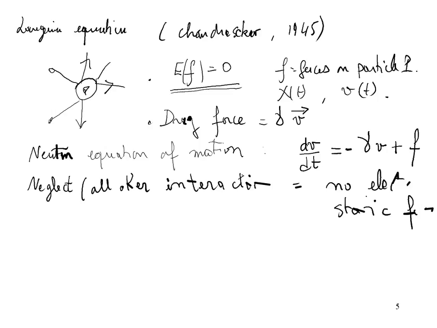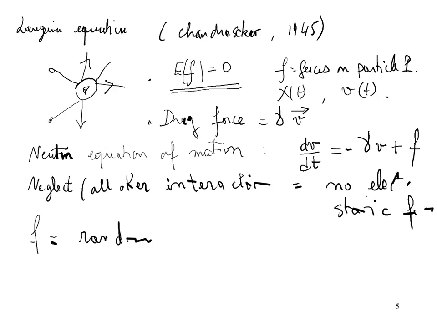So F here is all the forces that are due to the collisions. In principle, this is a random force. We don't know when it happens. Particles are arriving at random times and collide.